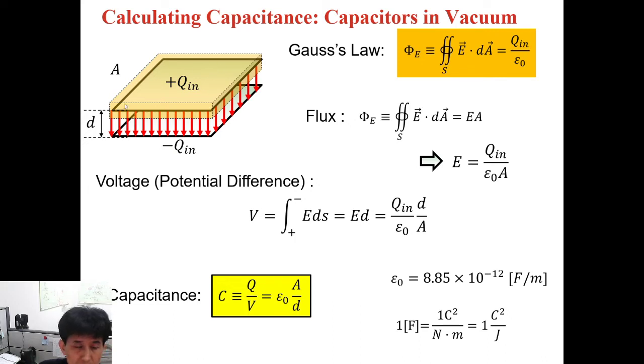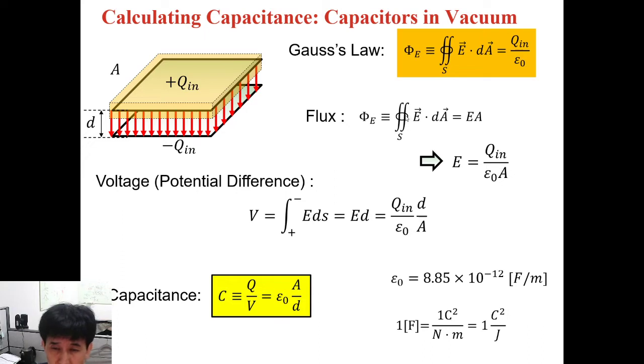The volume is visualized with the three-dimensional box with a dotted line on each side. So total Q within this volume is Q in, and divided by epsilon 0 is equal to the total flux out of this volume.